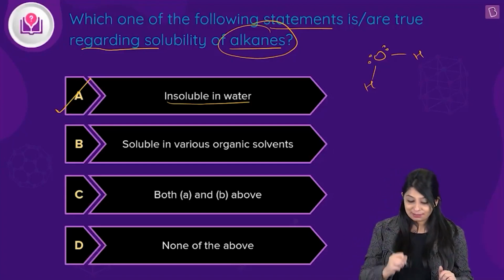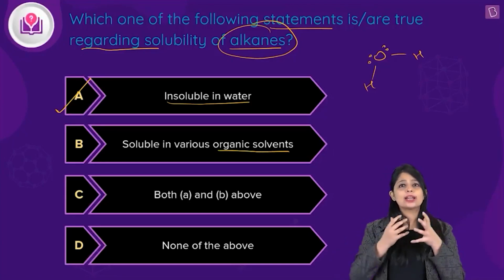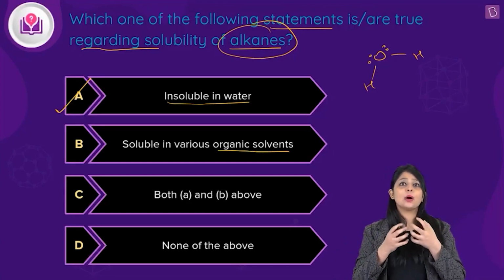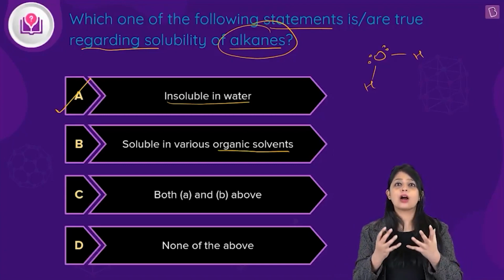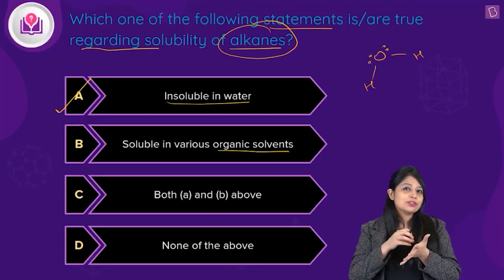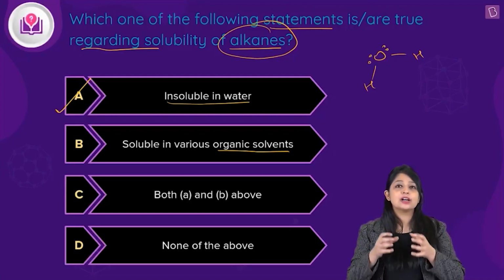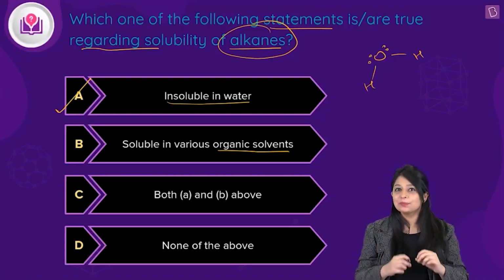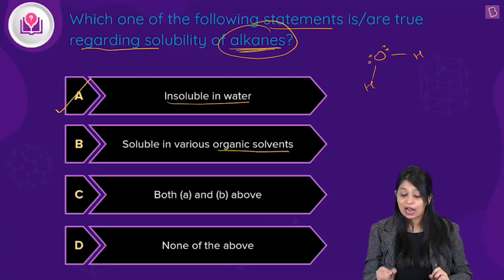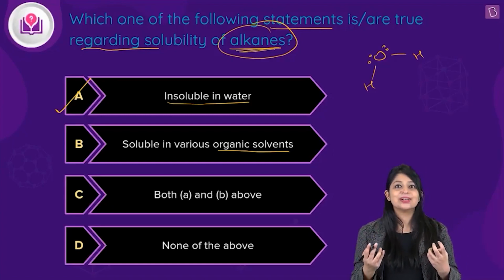Next statement says soluble in various organic solvents. Organic refers to the compounds of carbon, right? The electronegativity difference between carbon compounds would be much less, so we generally consider organic solvents as non-polar, and alkanes are non-polar, so non-polar will be soluble in non-polar, correct?